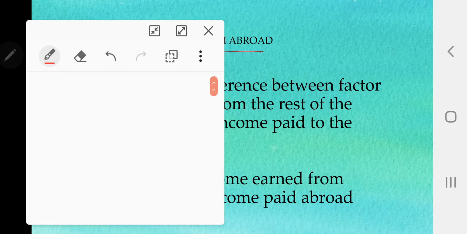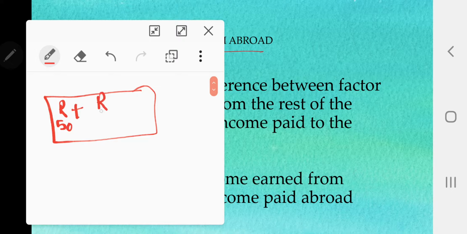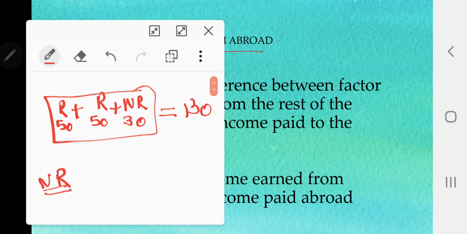Explaining it once again, let's say that residents are earning 50 plus 50, plus a non-resident is earning 30 within the domestic territory of the country. In that case, our domestic income will be 130. Now let's say that a normal resident located outside is earning 50.